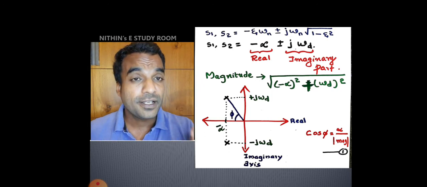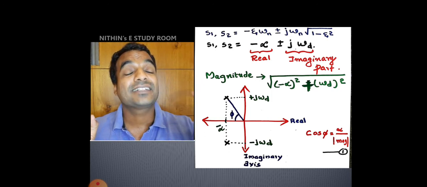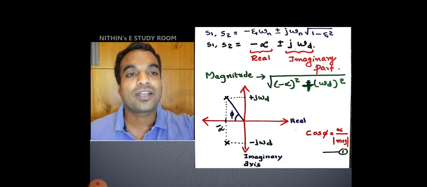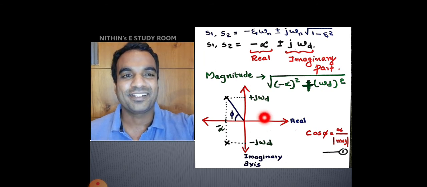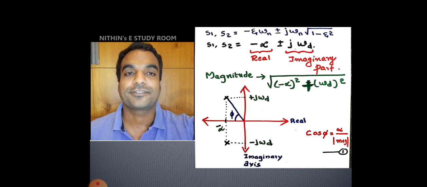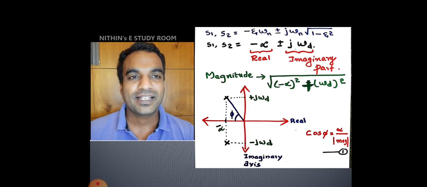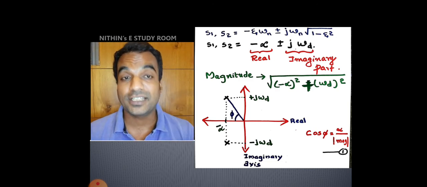I will repeat: left half plane means this area, and right half plane means this area. The poles are placed on the imaginary axis, neither on the left nor on the right. So that condition is known as the marginally stable condition.